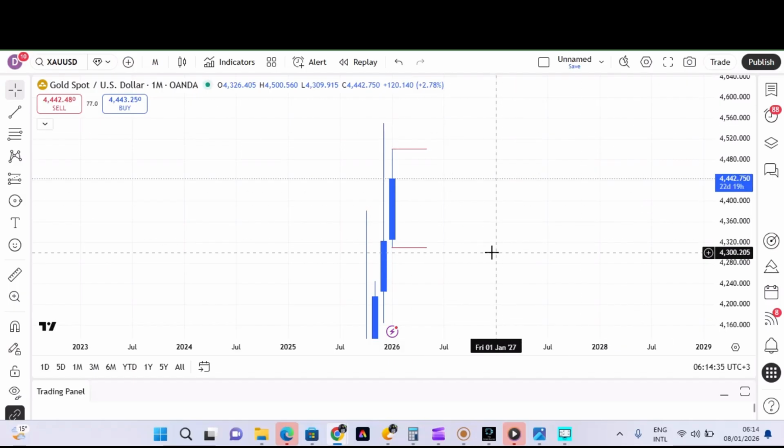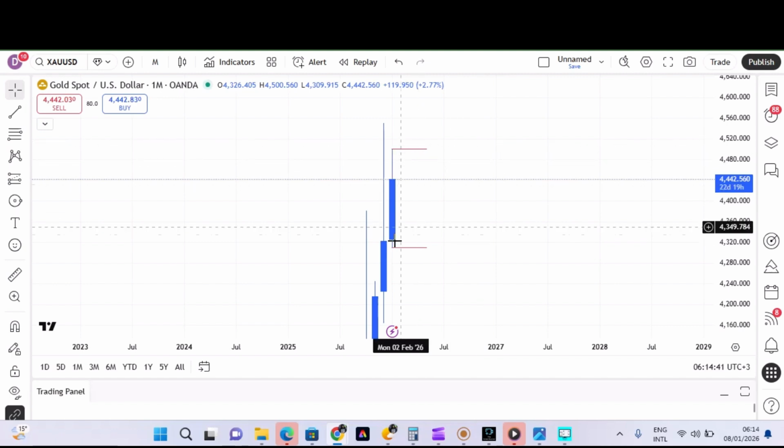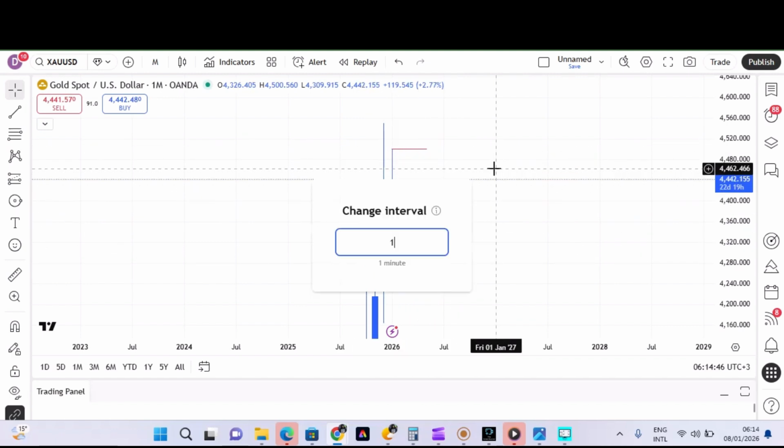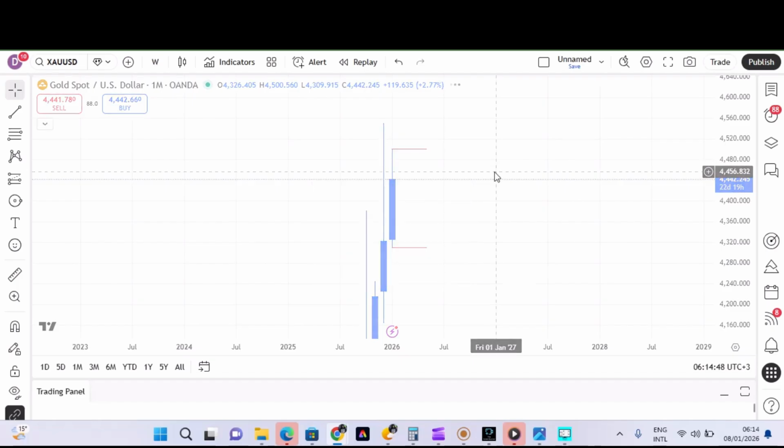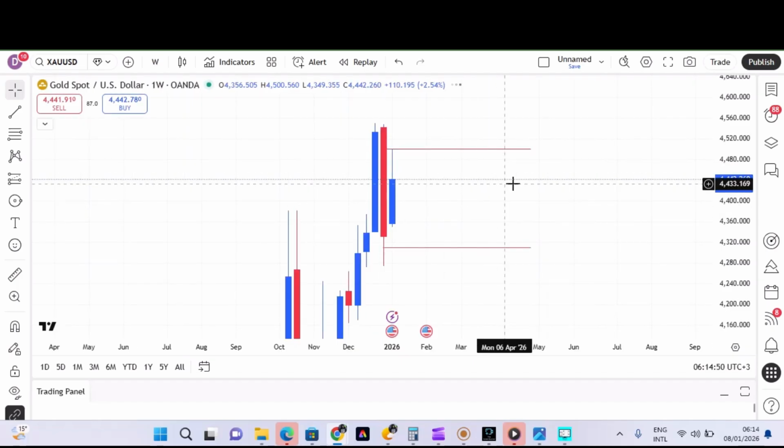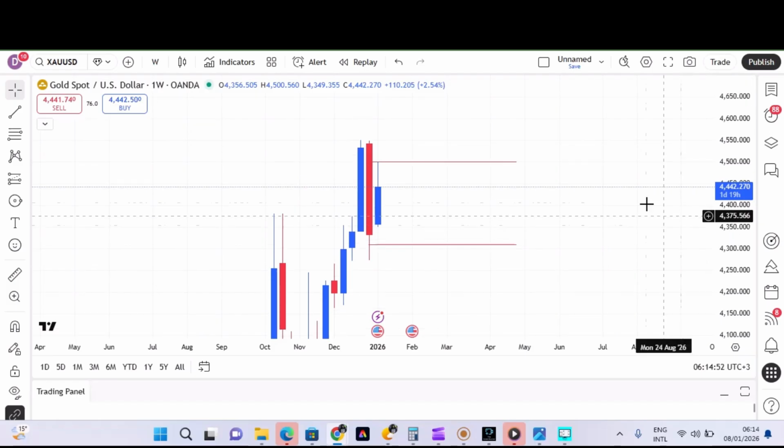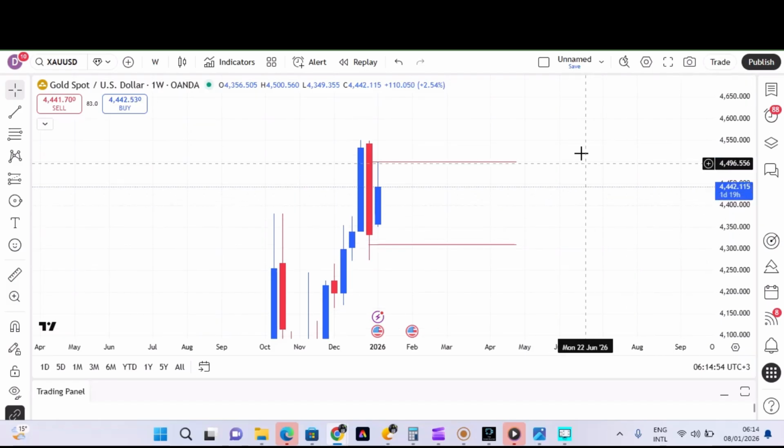All right. So when you're doing top-down analysis, after touching the monthly candlestick to look at that data, you then go to the weekly time frame. The weekly time frame is very, very important.